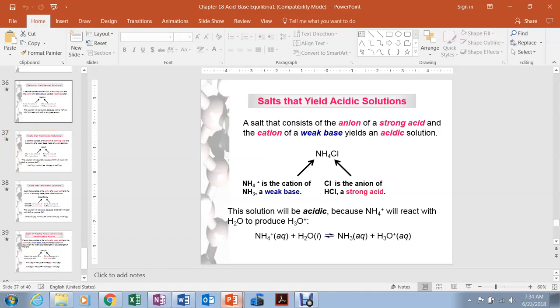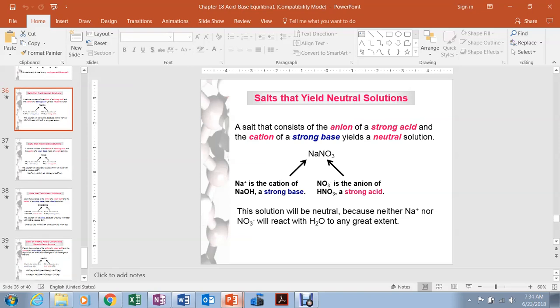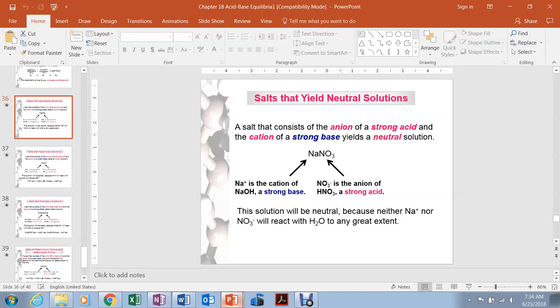Let's go first with the ones that yield neutral solutions. A cation of a strong base doesn't react with water, and an anion of a strong acid is also very weak and doesn't react.